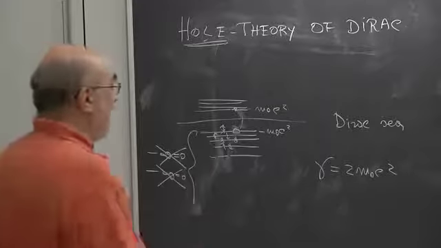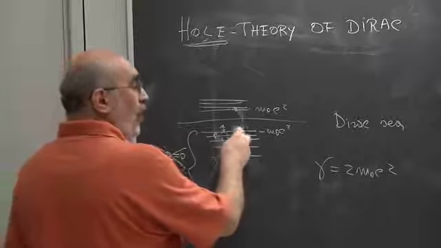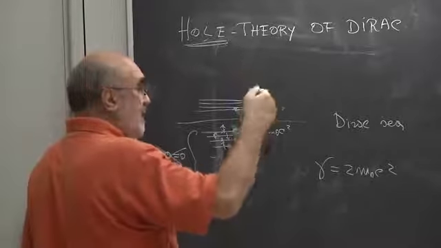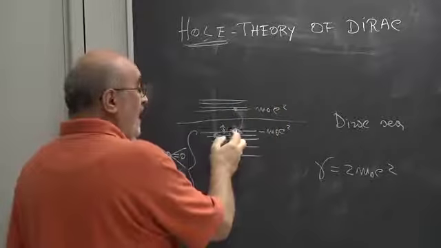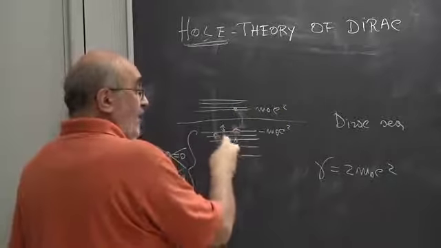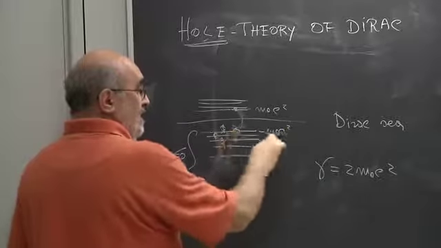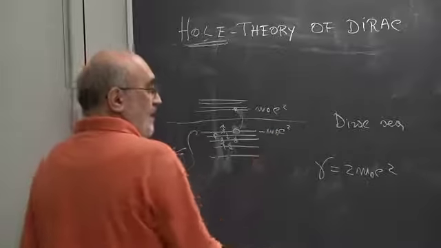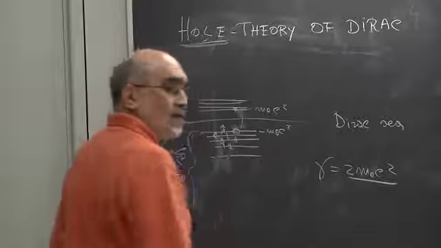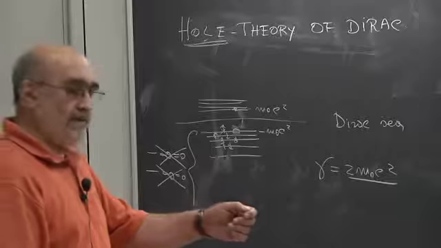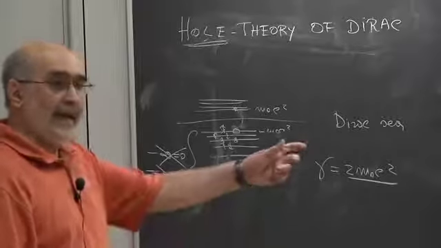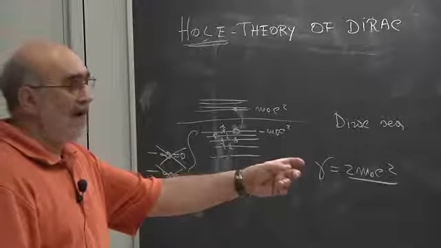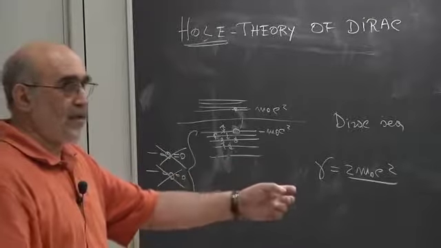Good, okay? But the other thing is this hole not only must behave with positive charge, so that charge is conserved, but it must behave as an object that carries a mass, with total energy related to the mass equal to m0 c squared, because this is the amount of energy we gave. So we have created an electron, we have left behind something that must behave as a positive charge, otherwise charge is not conserved.